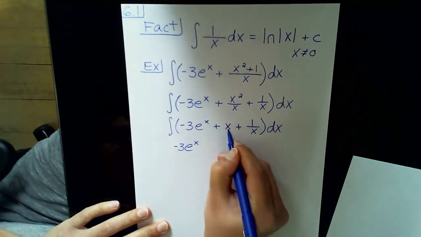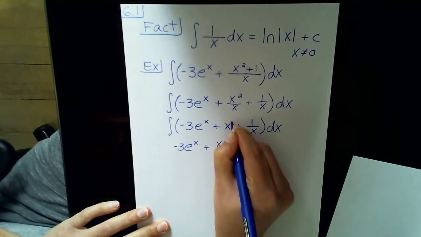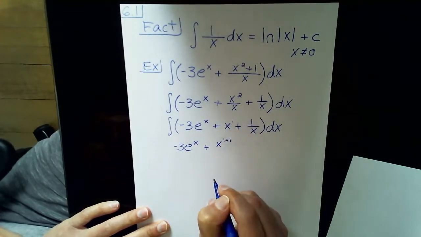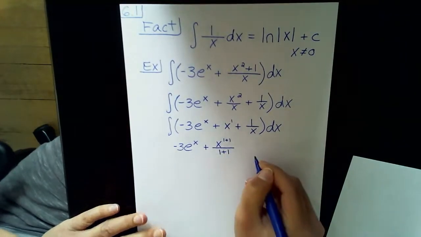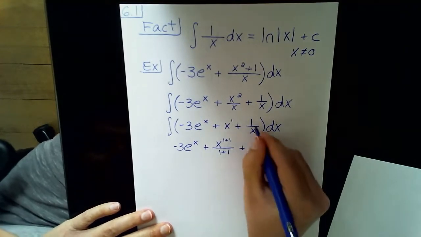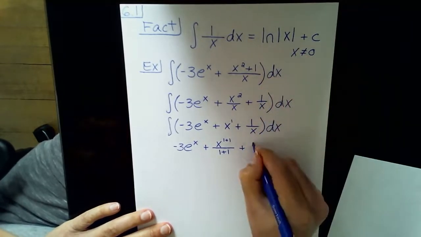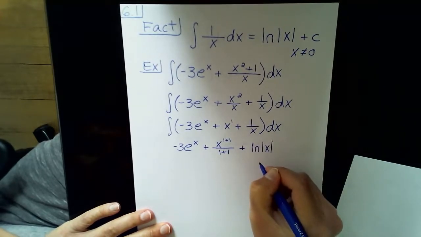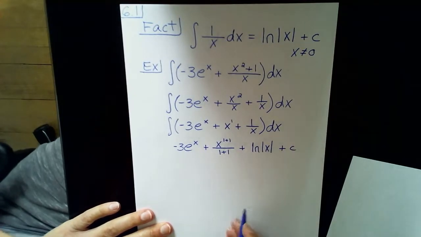From here we have plus x, the antiderivative of plus x, we get x to the, there's technically a 1 here, so x to the 1 plus 1, we add 1 to the exponent, and then we divide by the new exponent, 1 plus 1 again. Plus, the antiderivative of 1 over x, we just said, is the natural log of the absolute value of x. And then finally, we can put plus c at the very end.